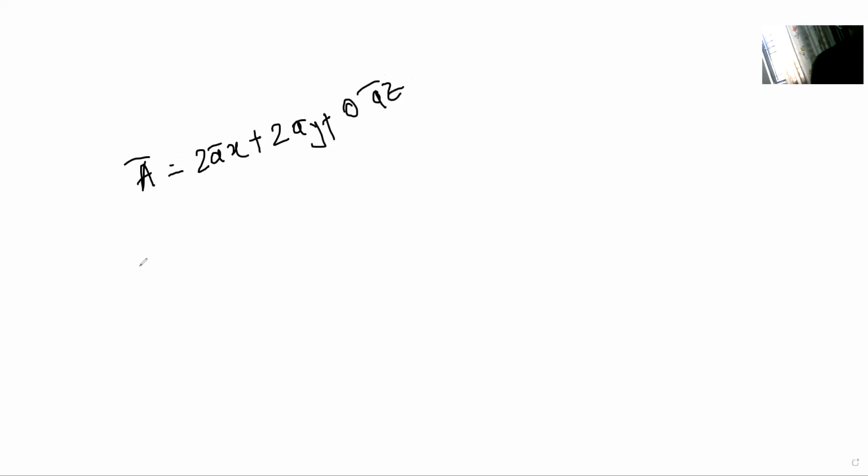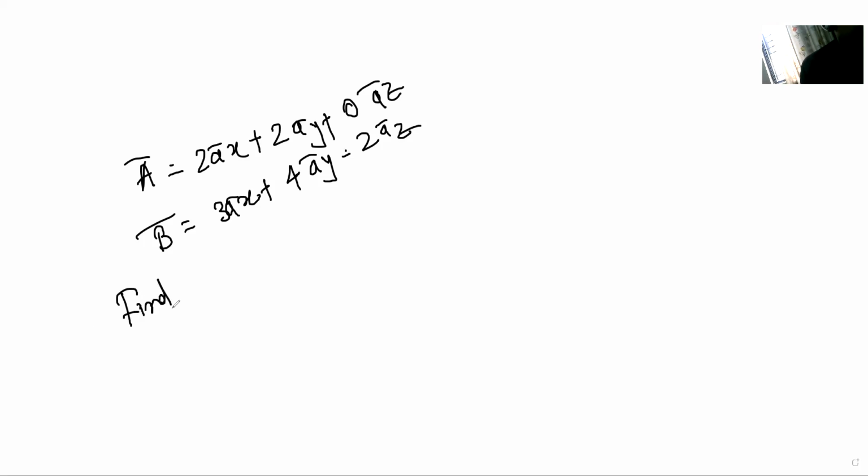And the second vector, b bar, is equal to 3 a bar x plus 4 a bar y minus 2 a bar z. Find a bar cross b bar.